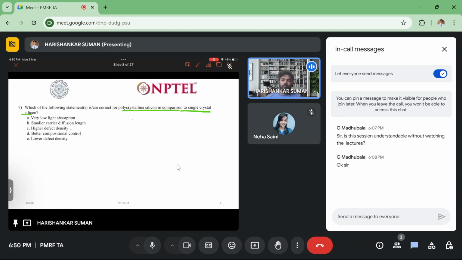So option: very low light absorption, smaller carrier diffusion length, higher defect density, better compositional control, lower defect density. Polycrystalline silicon as compared to single crystalline. So single crystalline is better for solar cell. Why?